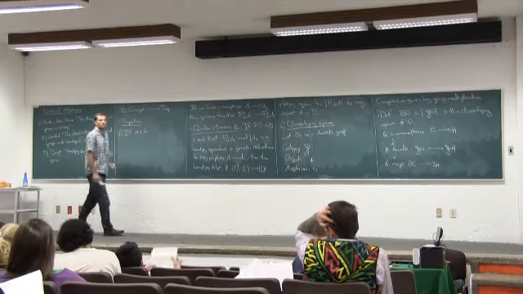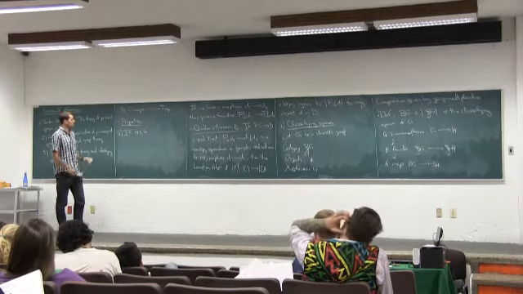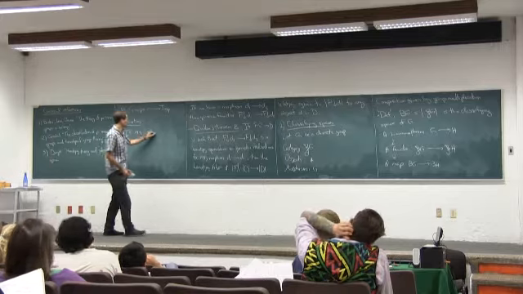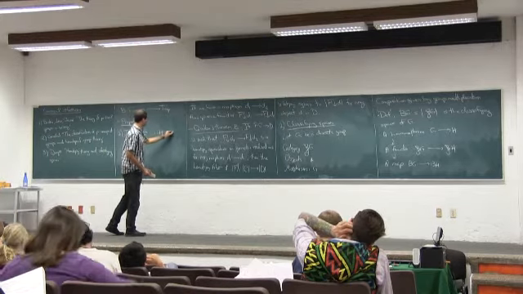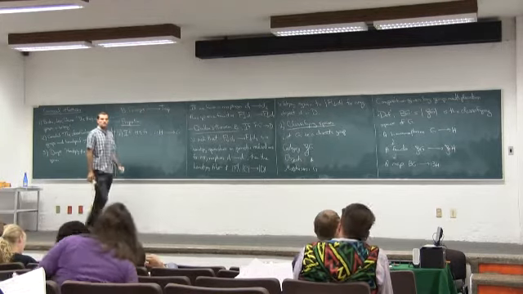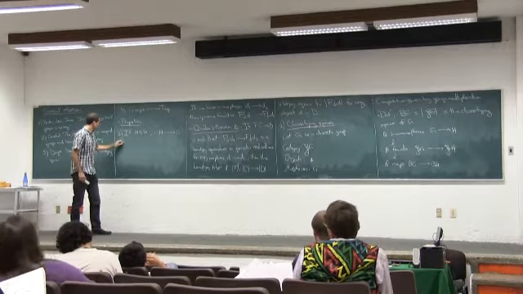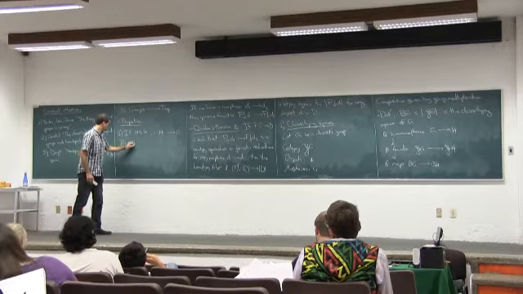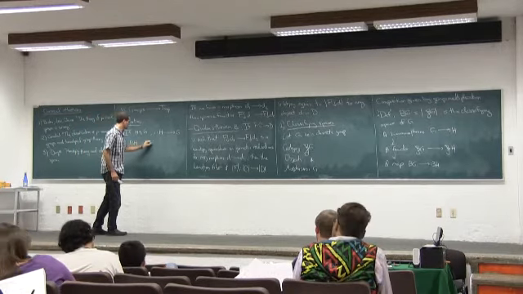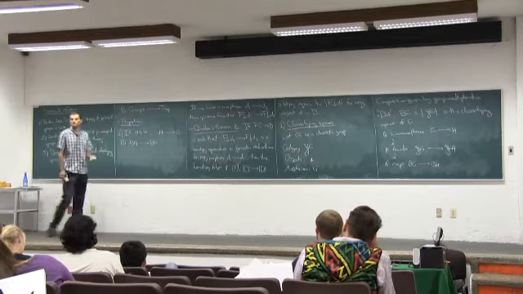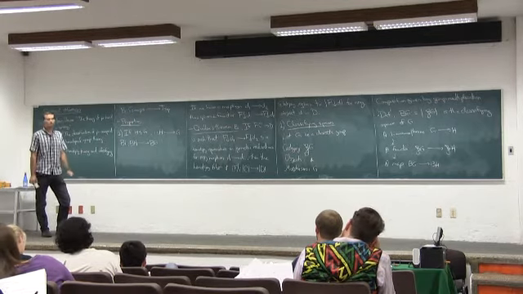If H is a subgroup of G, then we have an inclusion, and that gives us a map, BI, from BH to BG.